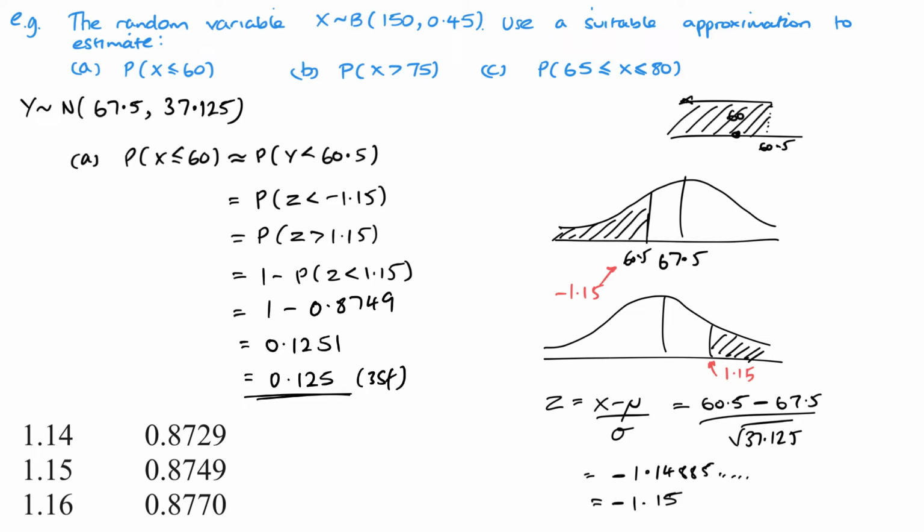The best thing about having a Casio 991 or 570 is that you can also check this by using the actual binomial values. So I've just checked this one out here, and in my calculator it's given me 0.1250822 and so on. So you can see here it's 0.1251, very close, or exactly the same as ours.